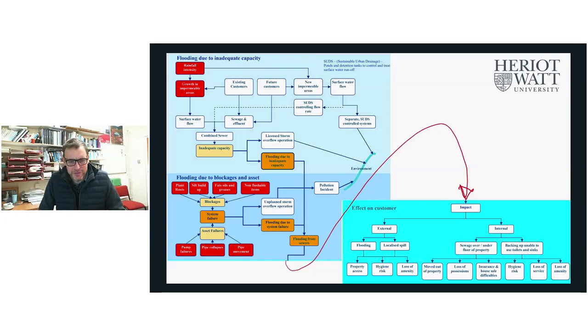I don't want to go through this in detail, but really what it shows is the complexity of how all these different parts of the network interact. This diagram allows customers to be talked through whether or not their flooding is because of a combined network or a separate network, and also looking at all the different impacts of that.